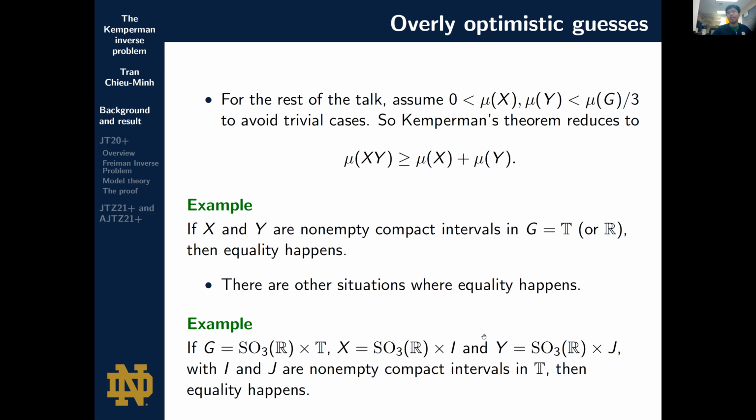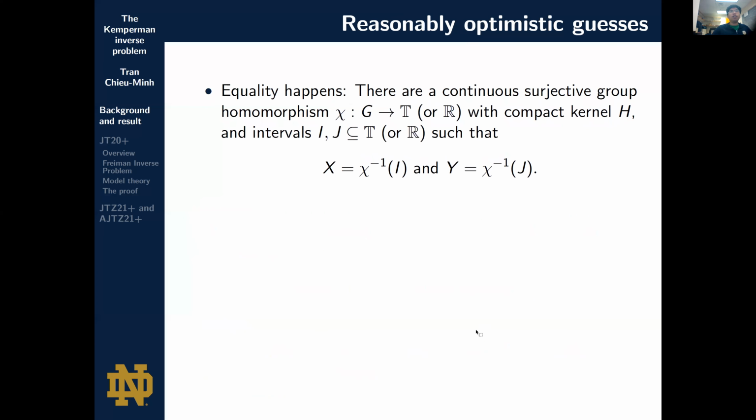So essentially, the situation is a trivial extension of the earlier situation. More generally, equality can happen if you have a continuous surjective group morphism from the group down to the torus with a compact kernel, and you choose X and Y to be the inverse images of two intervals.